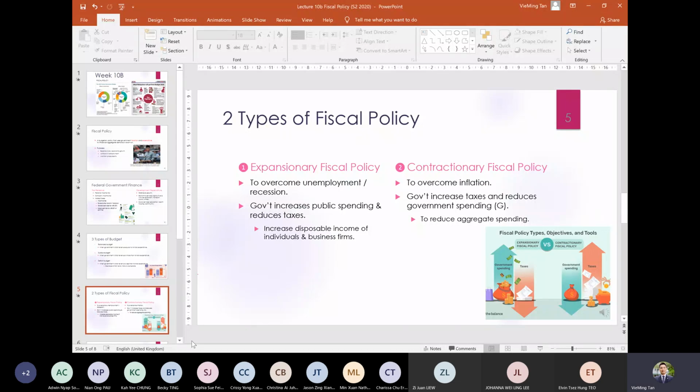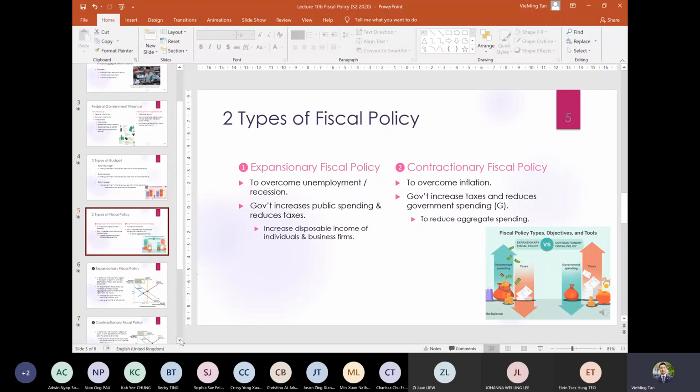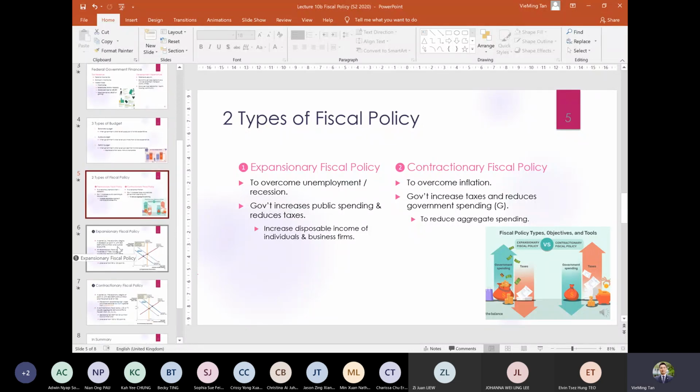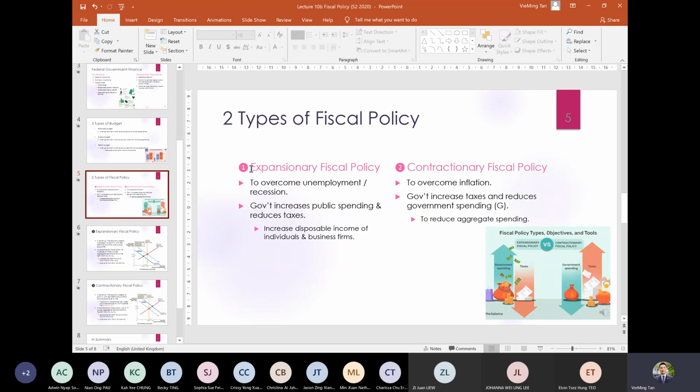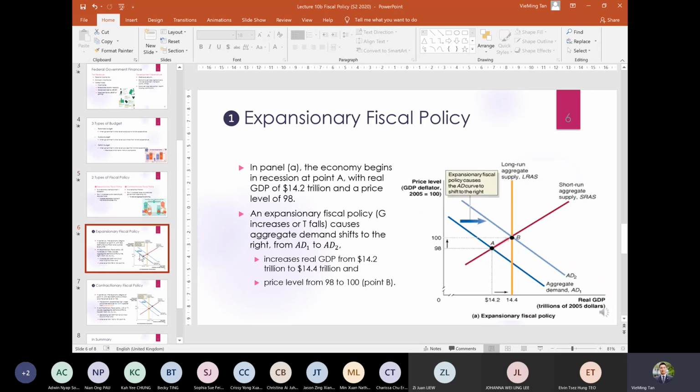All right, then the next slide. Let us see the impact on GDP using a diagram. We would like to check, if the government practices expansionary or contractionary fiscal policy, what will be the impact on the GDP of the country? Let's check one by one. For expansionary fiscal policy, the government will increase spending but reduce tax, right?